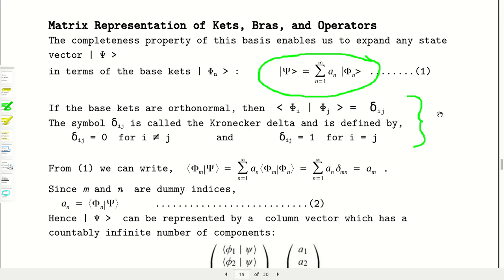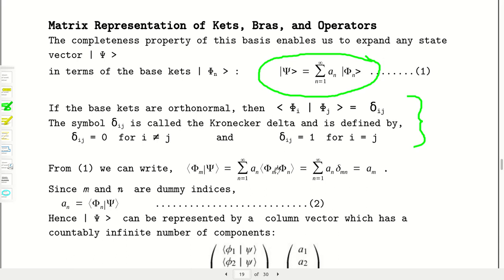So now multiply equation 1 by bra phi m from the left hand side. If you sandwich bra phi m with ket psi, it will give you the sum over n of a n <phi m|phi n>.